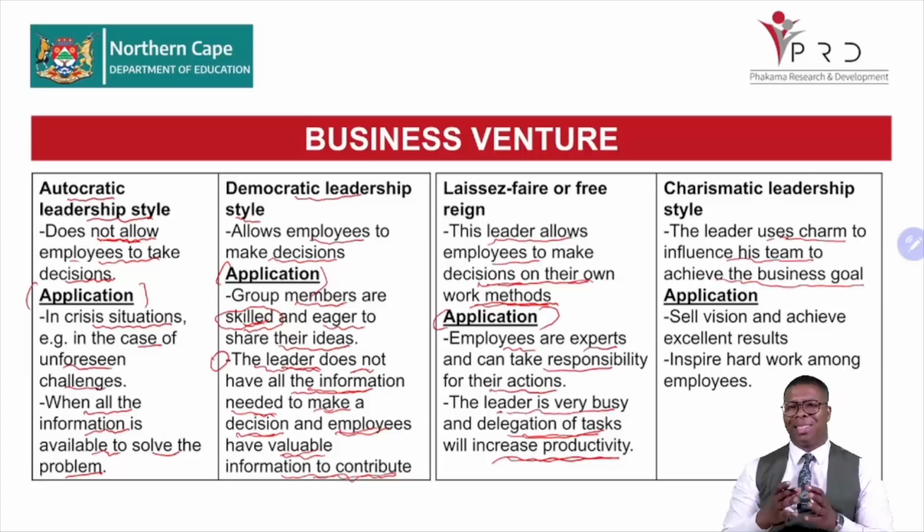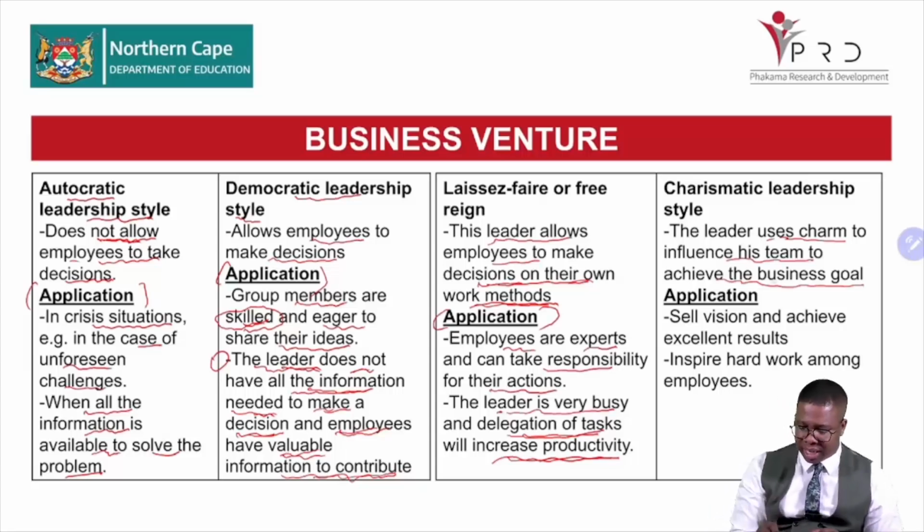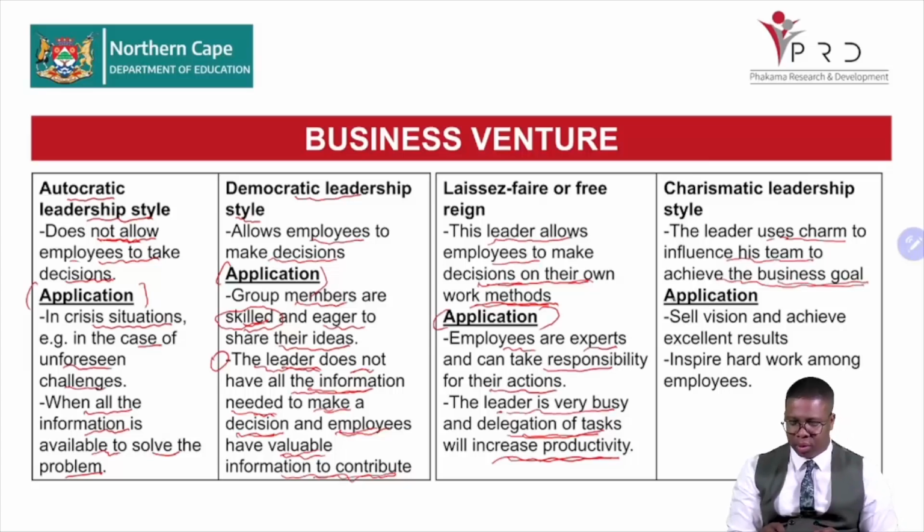We are talking about skills: since the leader has skills, the leader will use the skills to charm the employees to use the same skills so that the business can achieve its goals. Hence, you use this leadership style when the leader wants to sell a vision and achieve excellent results. Again, it will be used when the leader wants to inspire hard work amongst employees.